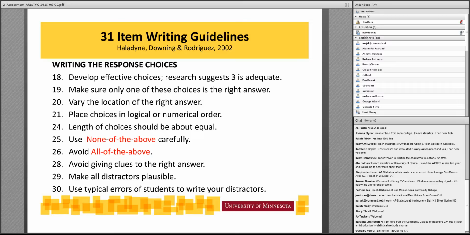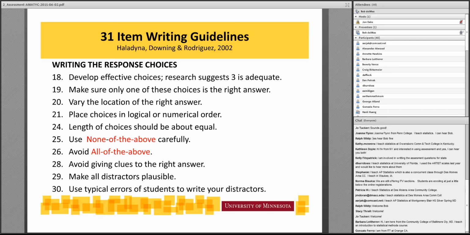If you have items to which there's a logical numerical order, for example, such as the response choices are 0, 1, 2, 3, then don't randomly sort or order those. Put them in order, 0, 1, 2, 3. If there's a question about what's the appropriate p-value, and your choices are something like 0.01, 0.02, 0.05, 0.10, put them in that logical numerical order.